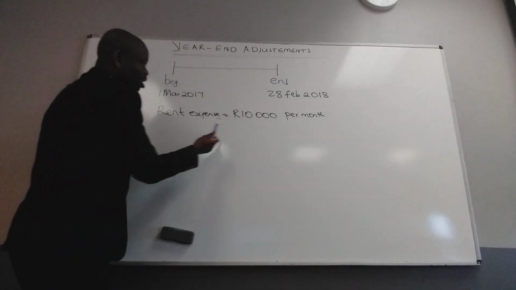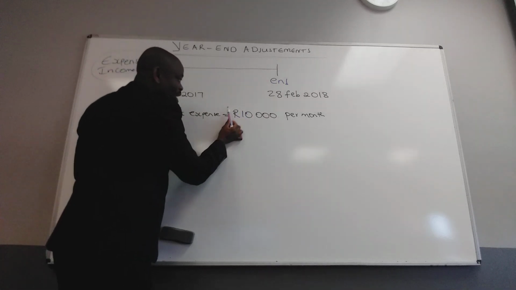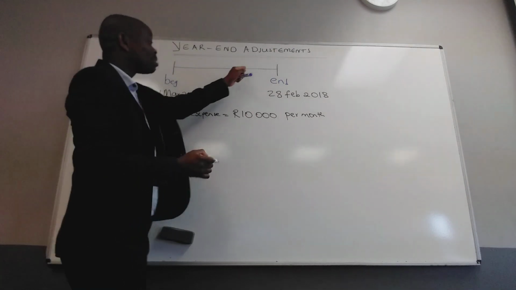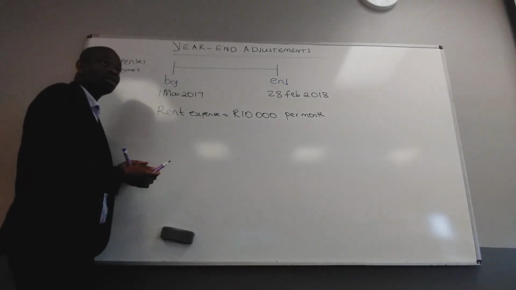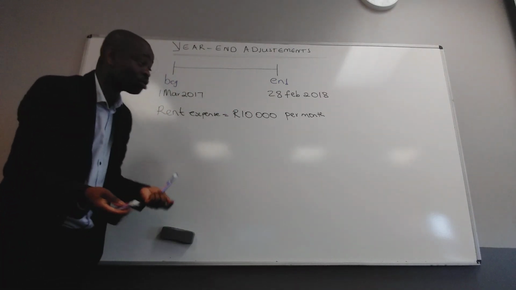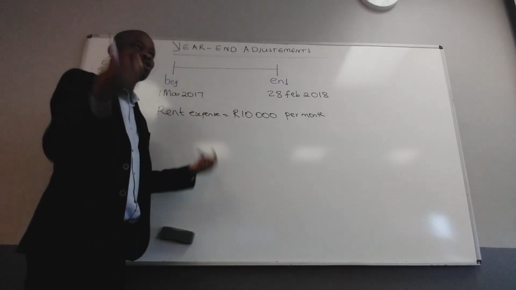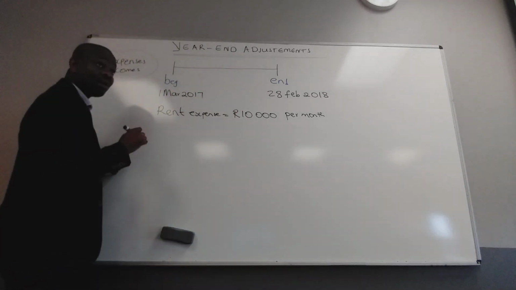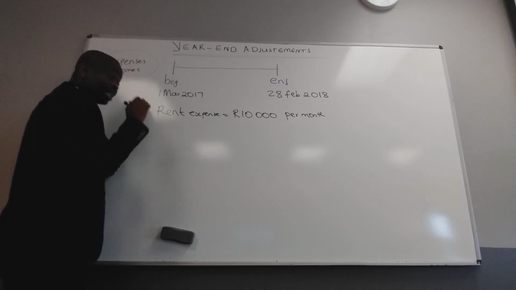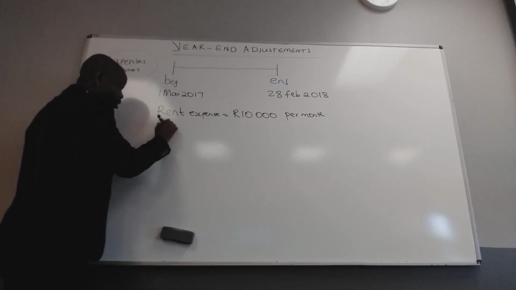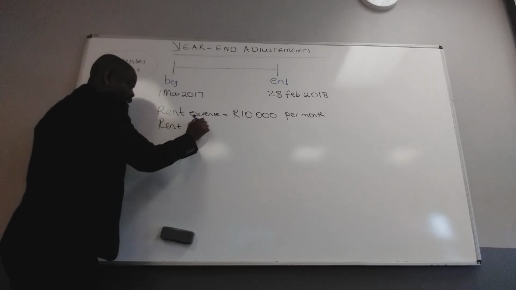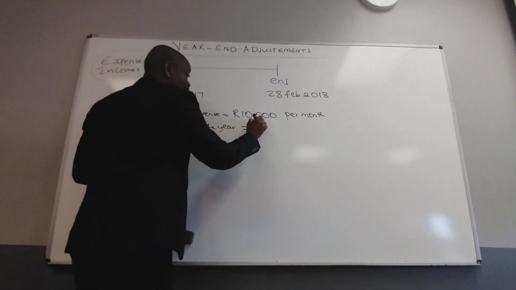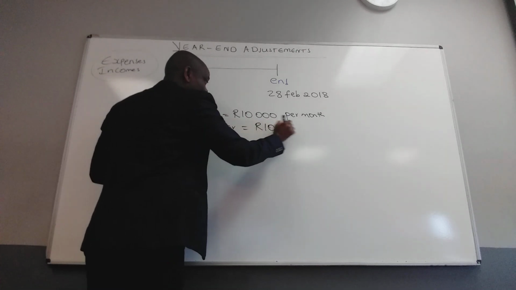So now, obviously, if we have 10,000 per month, how much do you expect to have for the whole year? 120,000, because you just have to say 10,000 times what? 12. But sometimes you can find that they give an amount, they say the rent for the year, according to the records, is how much? Let's say 100,000.